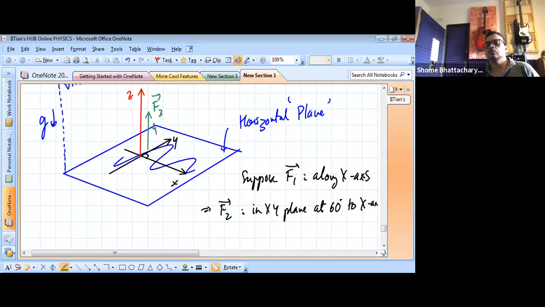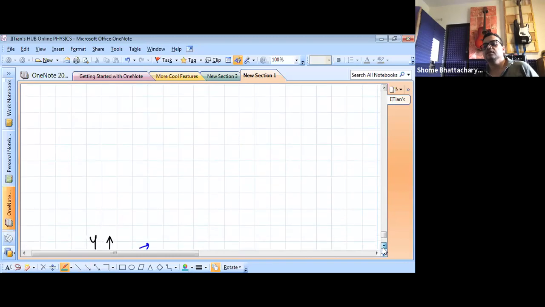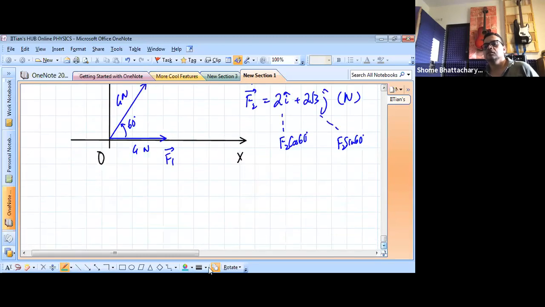Whereas F1 and F2 we just saw the forces which were lying in the plane. So what about F3 now? F3 will be just 4 k cap. So directly we can write F3, because it's a vertical force.